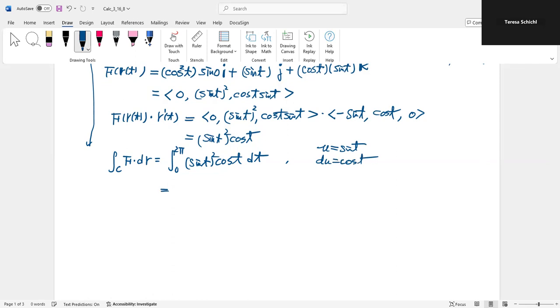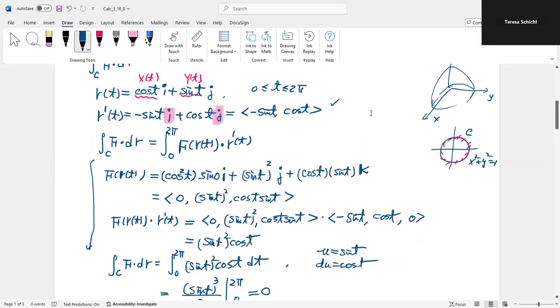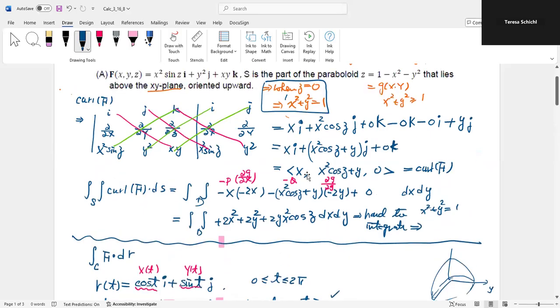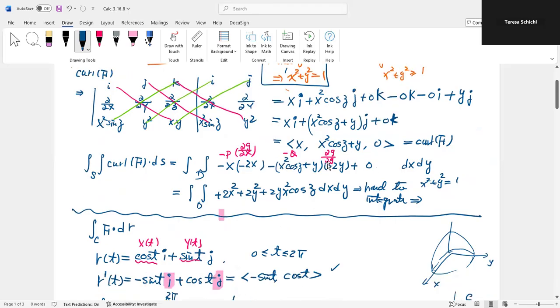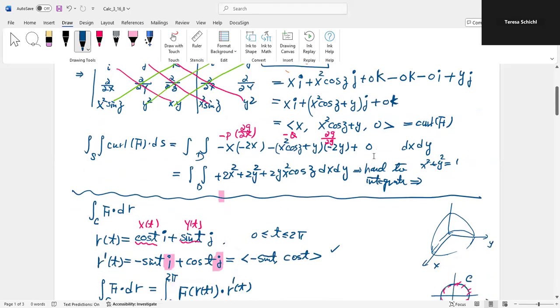Then this u sub gives me the final answer: sine cubed t over 3, then I put in 2 pi over 0, and that is zero. As you can see, compared to the curl over the surface, that is very complicated for doing the surface integration.